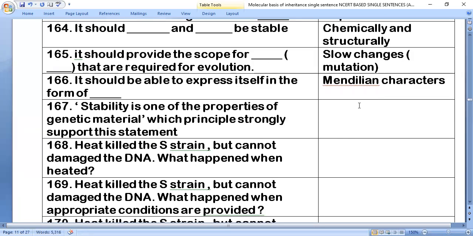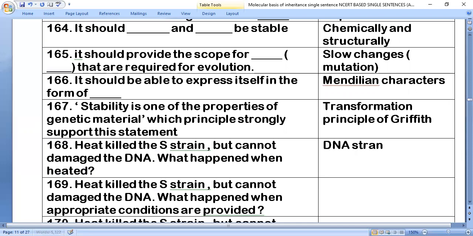Stability is one of the properties of genetic material. Which principle strongly supports this statement? Transformation principle of Griffith. Heat killed S strain, but heat cannot damage the DNA. What happened when heated? DNA strands are separated.